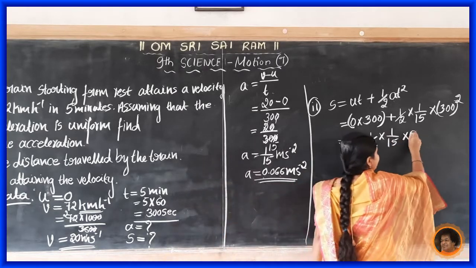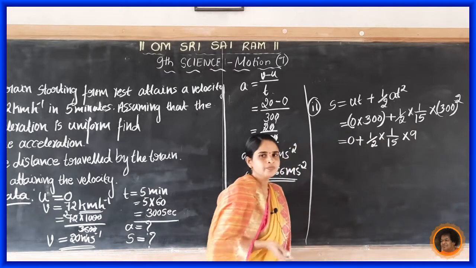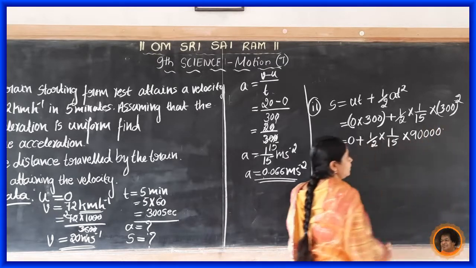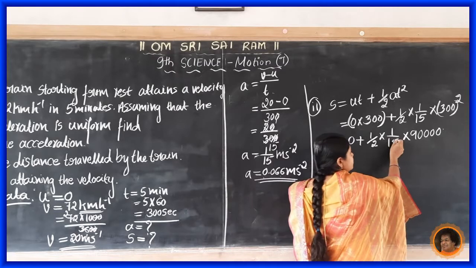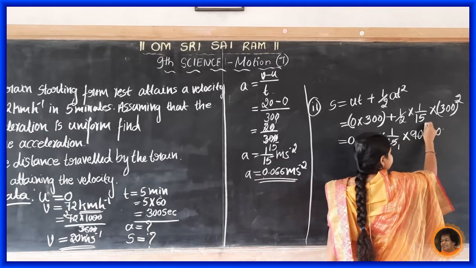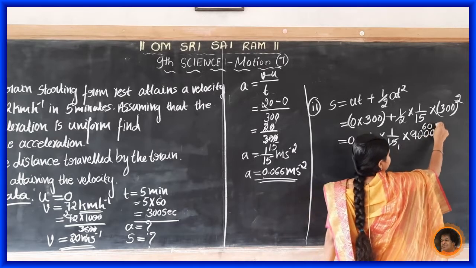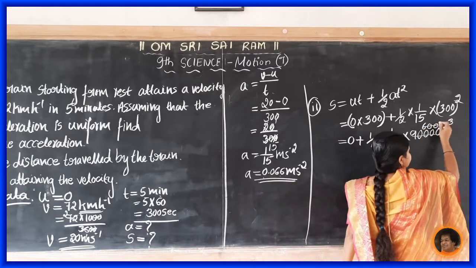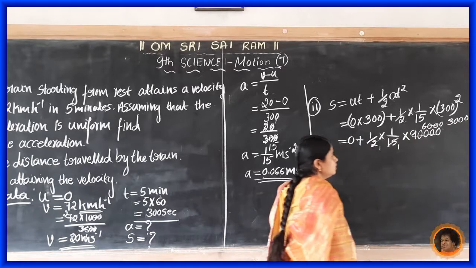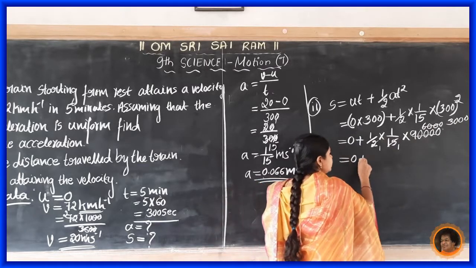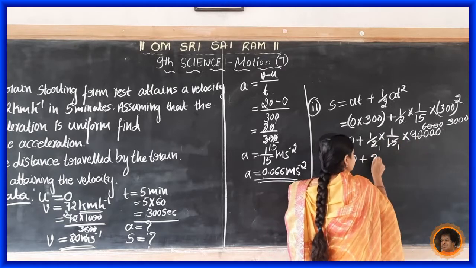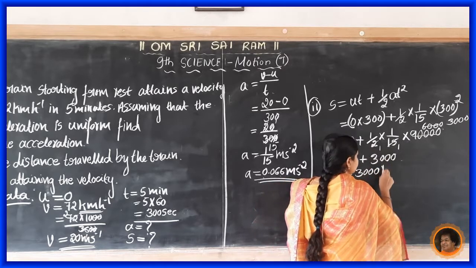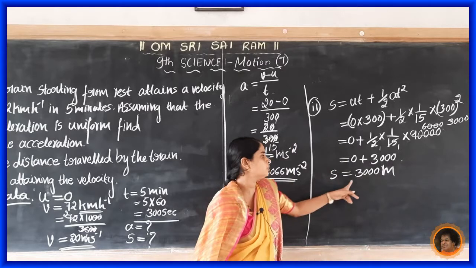Working it out, we get 0 plus 3,000, which is 3,000 meter. So distance travelled s equals 3,000 meter.